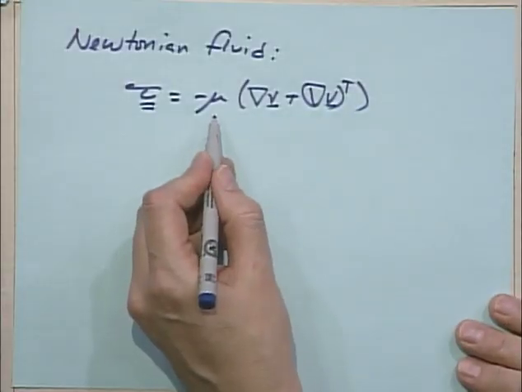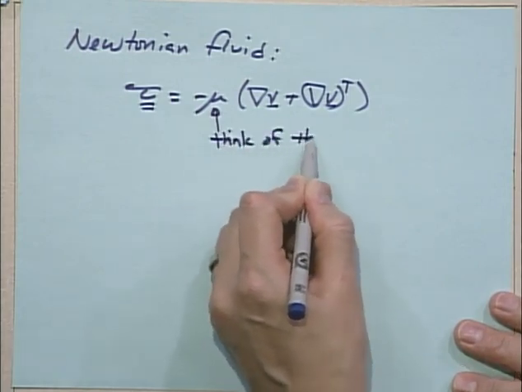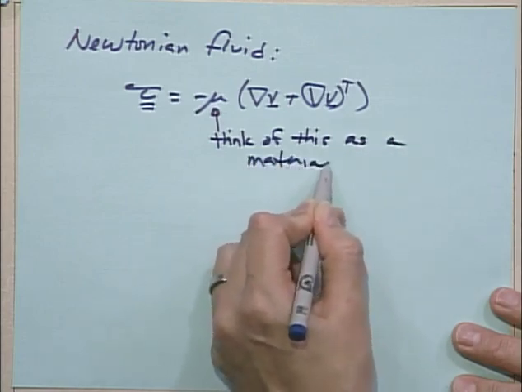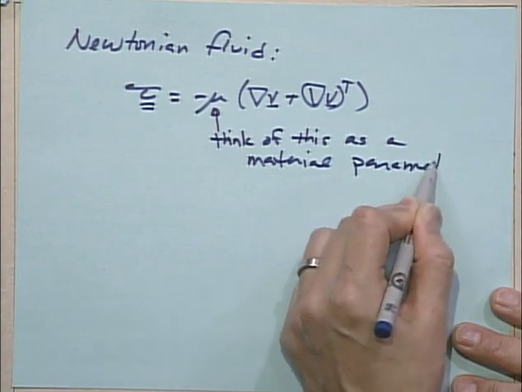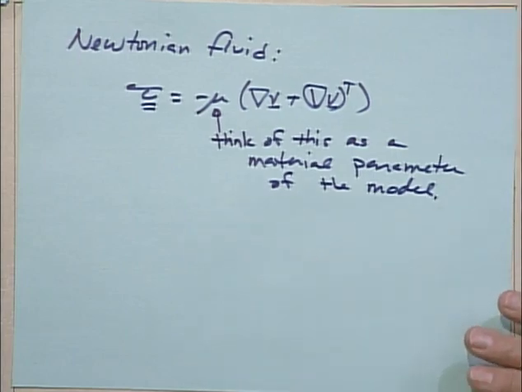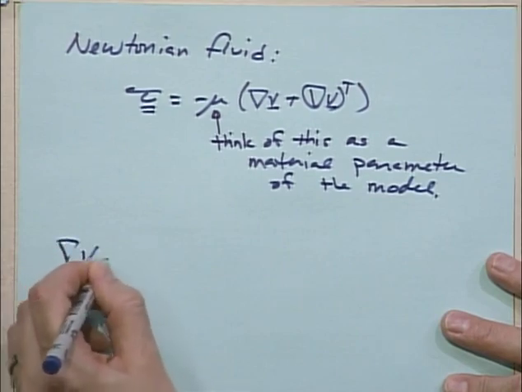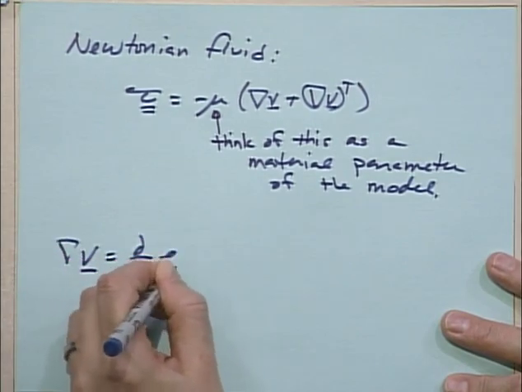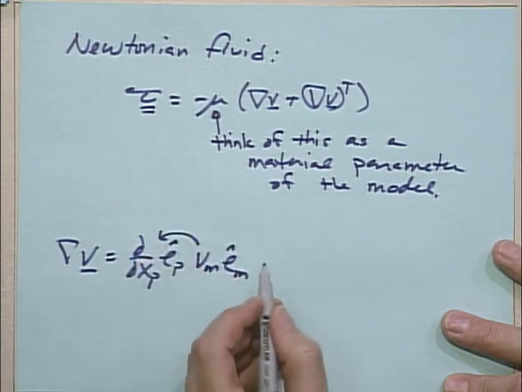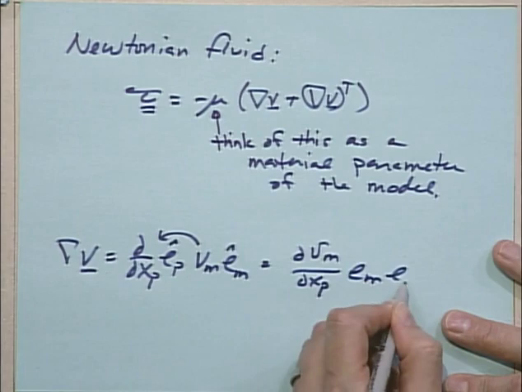Now, of course, you know this is the viscosity, but think of this as a parameter of the model. It's just a material parameter of the model. So we need del V and del V transpose. So here we're back to del V. Del V is d by dx_p e_p, V_m e_m. The V goes in there. dV_m dx_p e_m e_p.